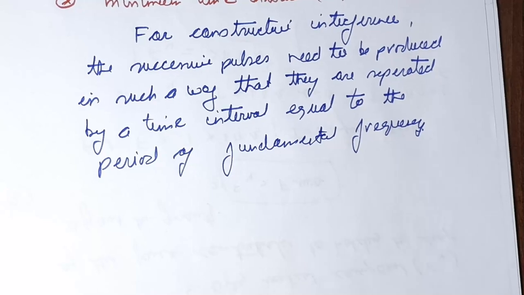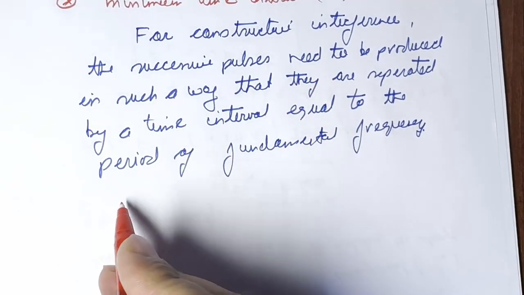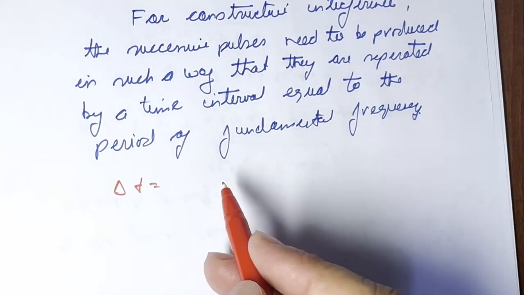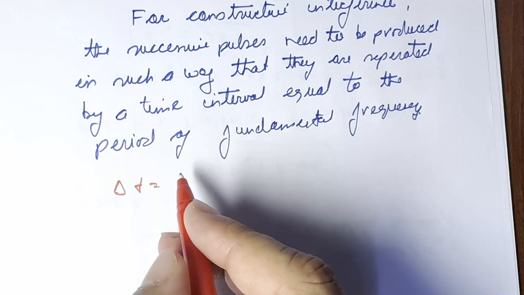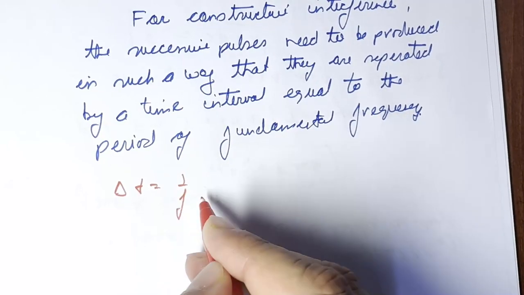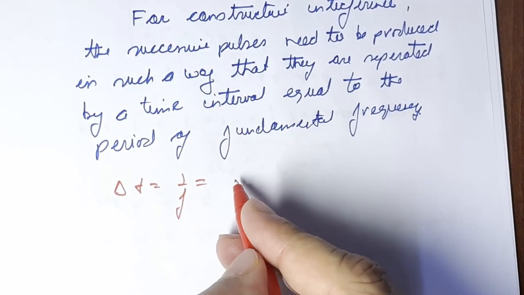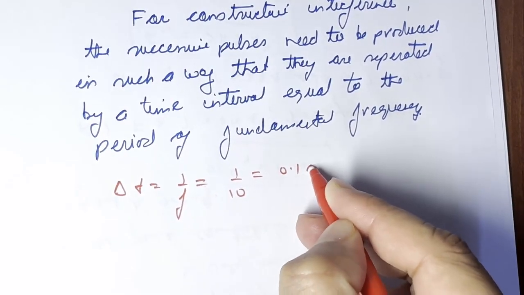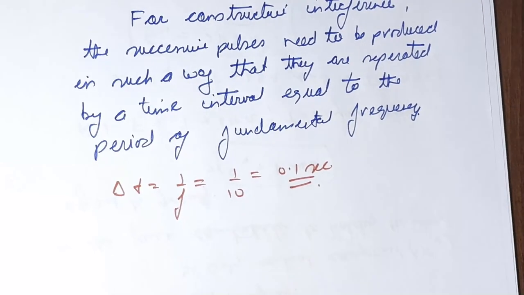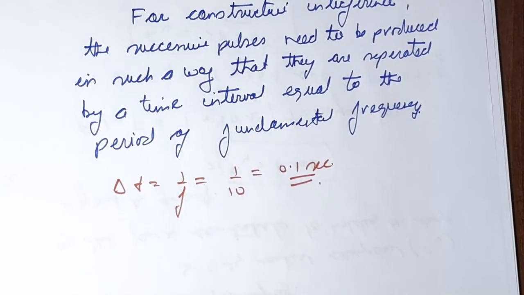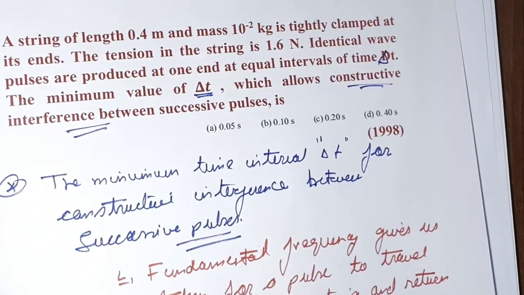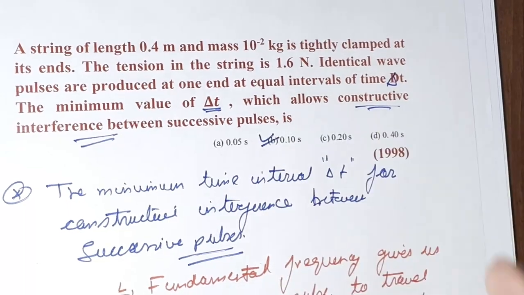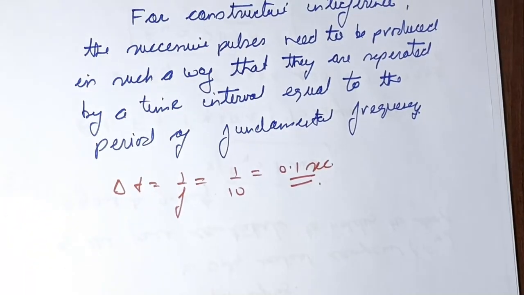So the minimum time delta t should be equal to the period of the fundamental frequency, which is nothing but 1 upon f. So we get 1 upon 10, and it comes as 0.1 seconds. So of the options given to us, option B is the correct option.